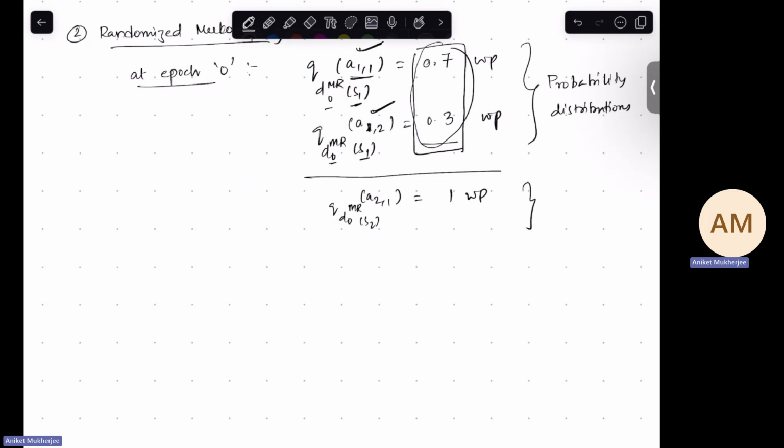And one important point here that we made an observation of last time was, if you sum over all the actions a that you can take at a fixed state st, that will be one.